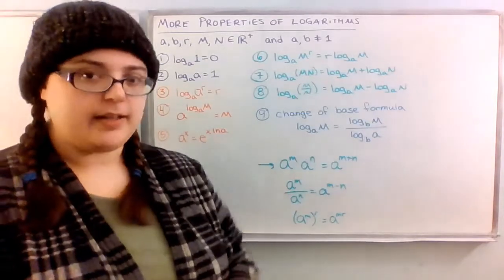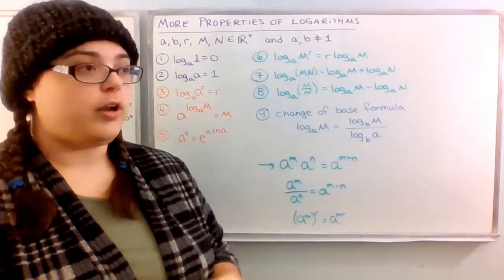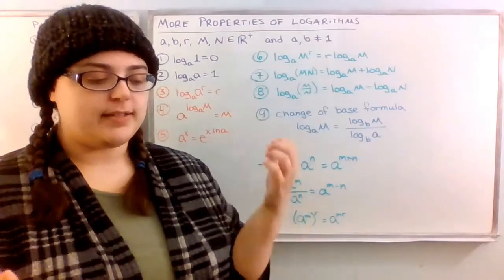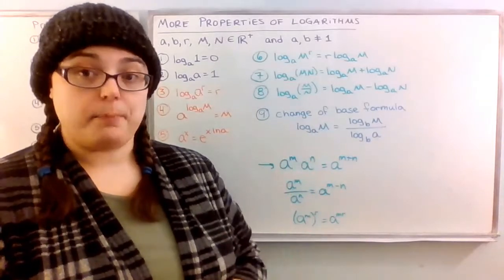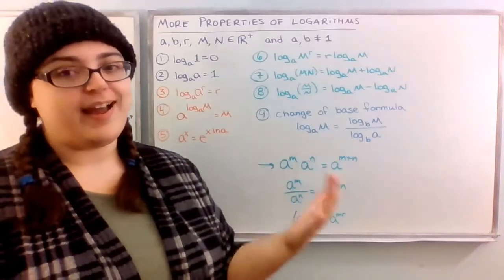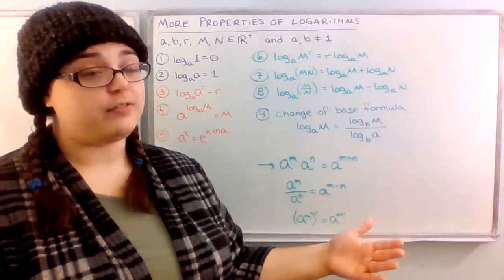And then property 9 is really helpful if your calculator is a little bit older, or if you're trying to rewrite an equation so that you have logarithms using the same base. So this is called the change of base formula. Let's say you have a logarithm that's in base 3 and you need it to be in base 5.